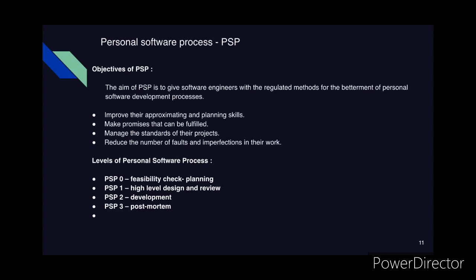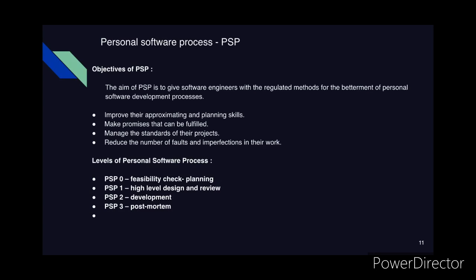Here quality management is the focus. That means quality management is focused on by doing the coding, and after coding, the testing of the process is done. All the unit testing is done at this level.